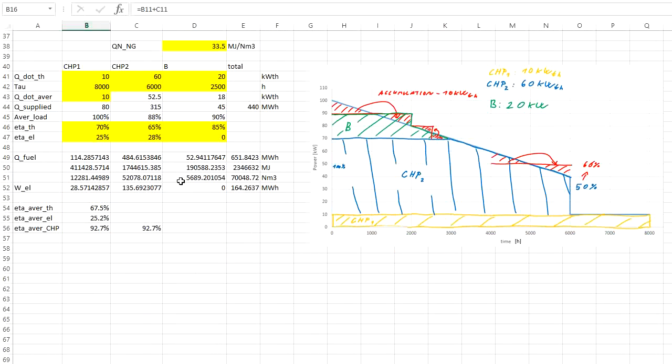Here with the CHP we consumed significantly more, more than a 40% increase in the fuel consumption, but in return we got some electricity, specifically here 164 megawatt hours. And this is the end of this tutorial.